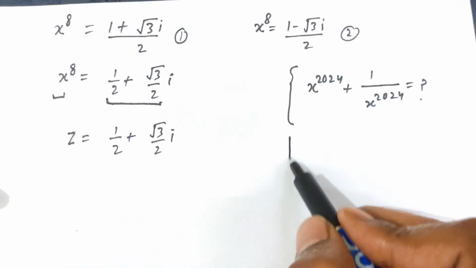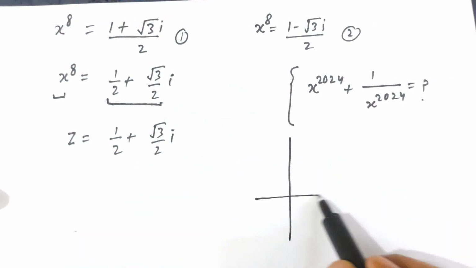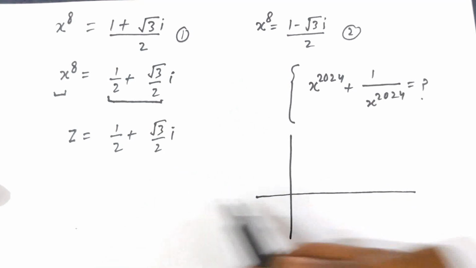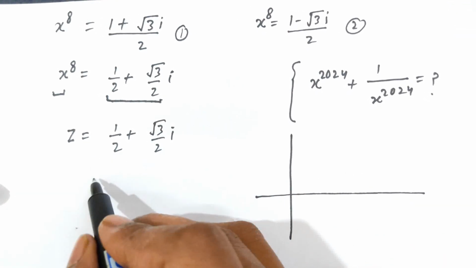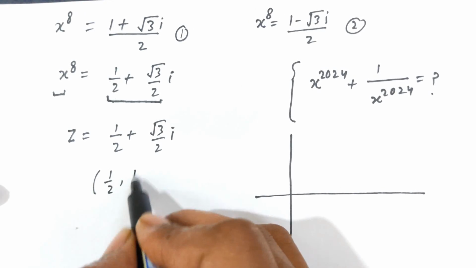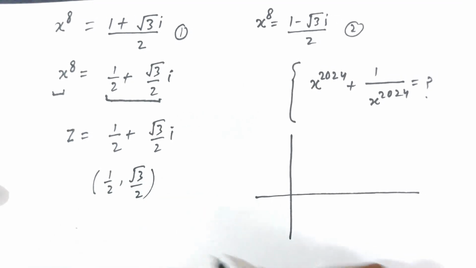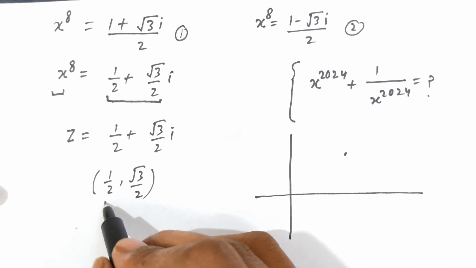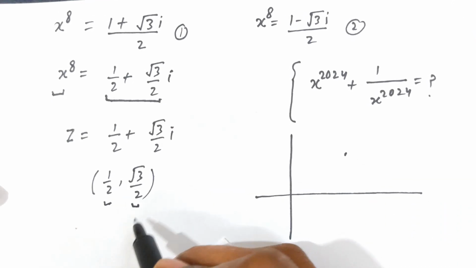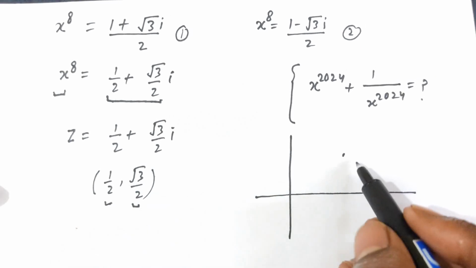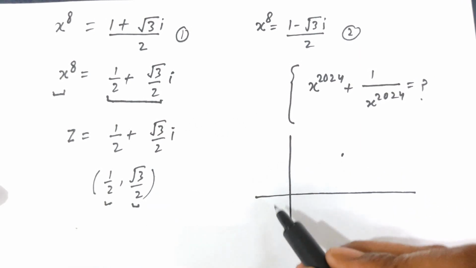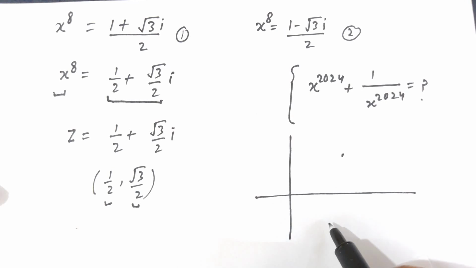Look carefully. First, we will locate this complex number in the Cartesian plane. Here, the point of this complex number is 1 by 2 comma root 3 by 2. Let's say here is a point. Because x is positive and y is positive, this complex number is in the first quadrant. Here this is first quadrant, this is second quadrant, this is third quadrant, and this is fourth quadrant.